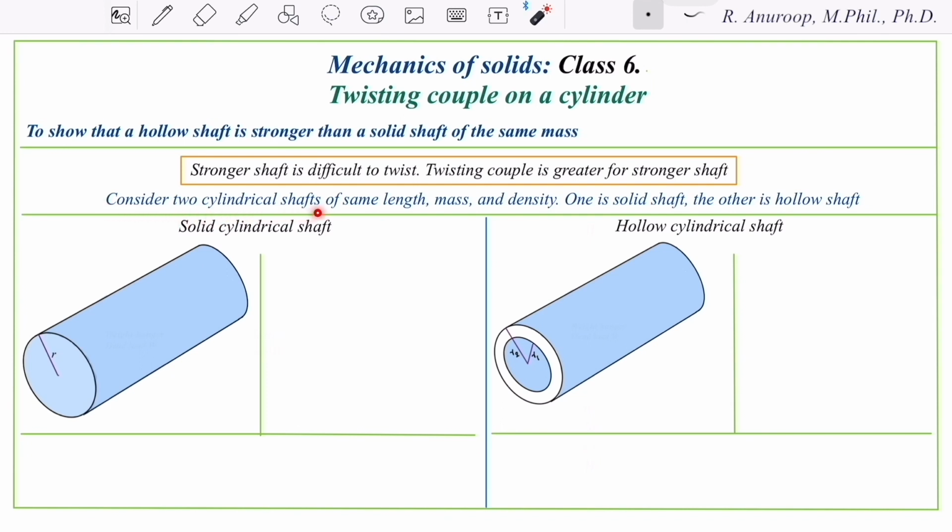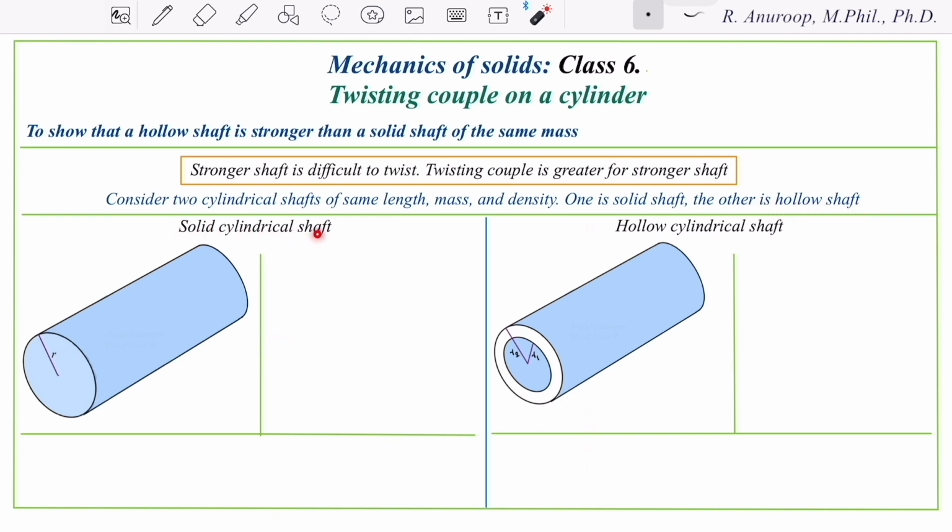Consider two cylindrical shafts of the same length, mass and density. One is a solid shaft and the other is a hollow shaft.